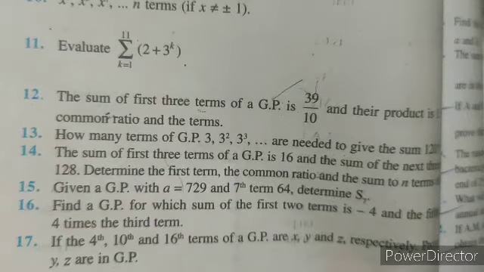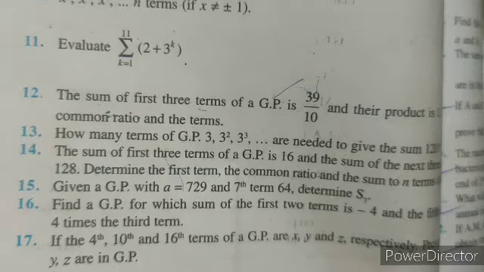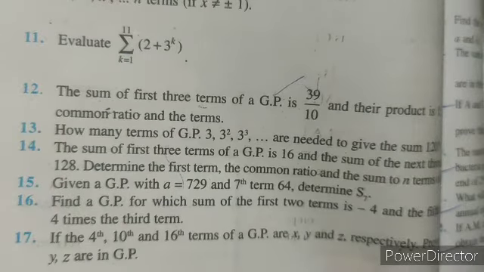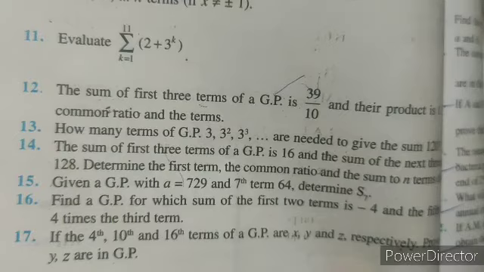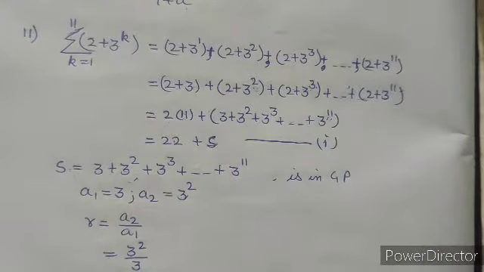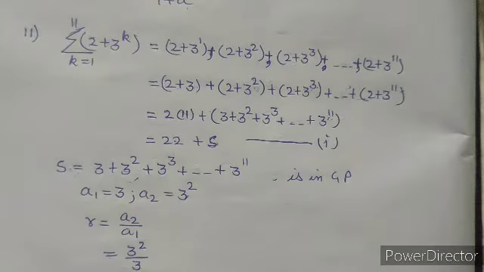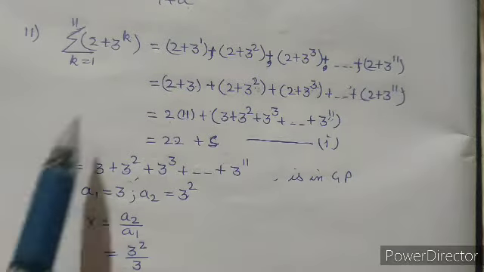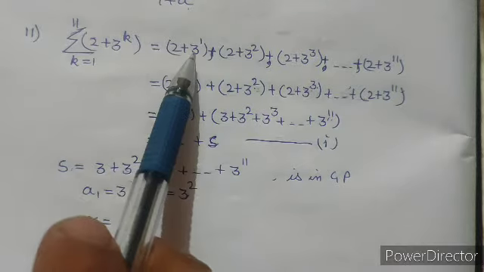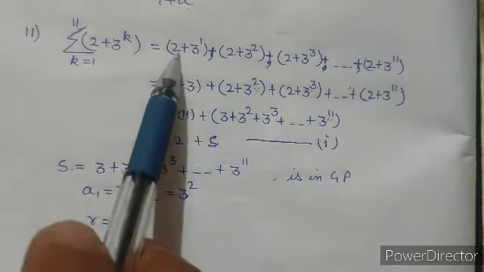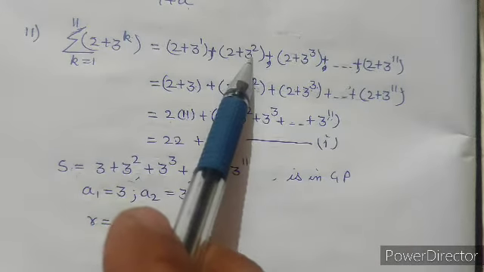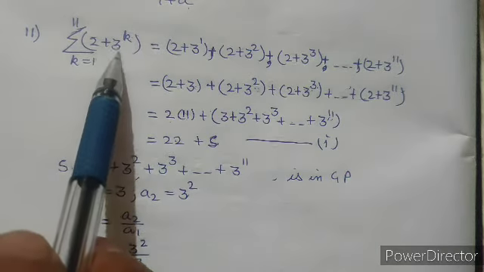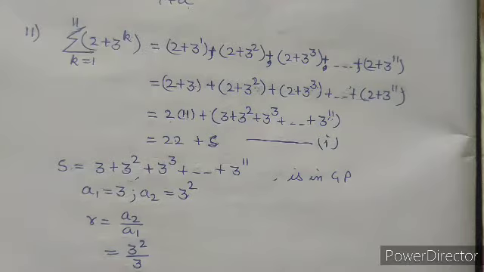In question number 11, we have to evaluate summation of 2 plus 3 raised to power k from k equal to 1 to 11. Now summation of 2 plus 3 raised to power k from k equal to 1 to 11 will be equal to 2 plus 3 raised to power 1 plus 2 plus 3 raised to power 2 up to plus 2 plus 3 raised to power 11.